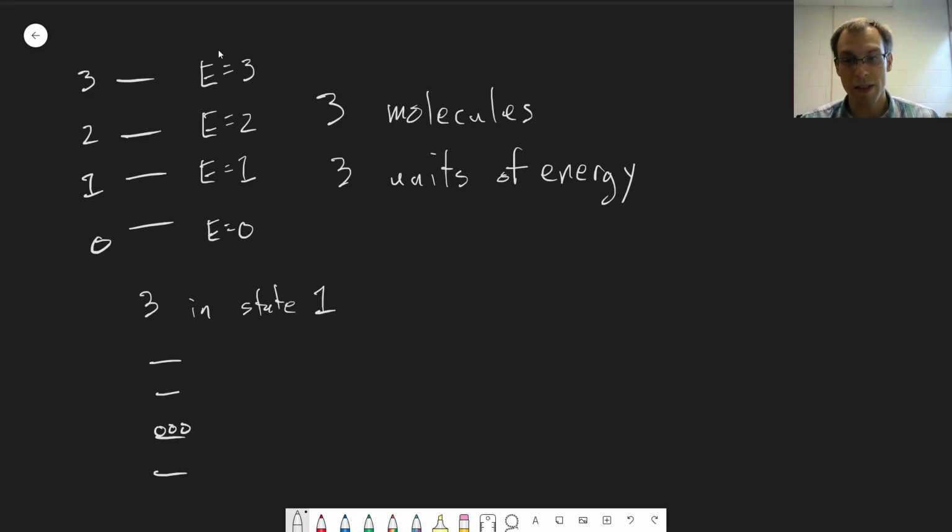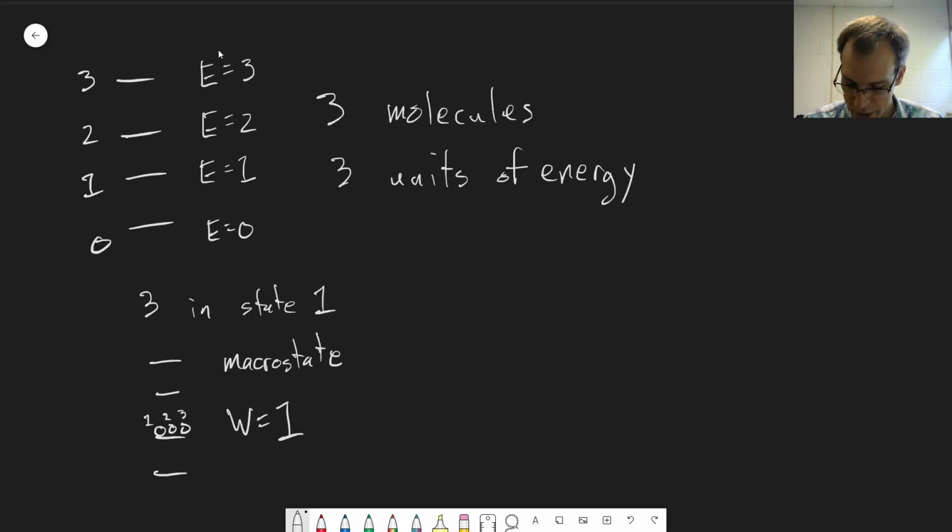This would be our macrostate. There are different possible microstates, but in this case, there's only one possible microstate. If we labeled each of these molecules 1, 2, and 3, they all have to be in state 1 for this to work. So for this particular macrostate, W equals 1.